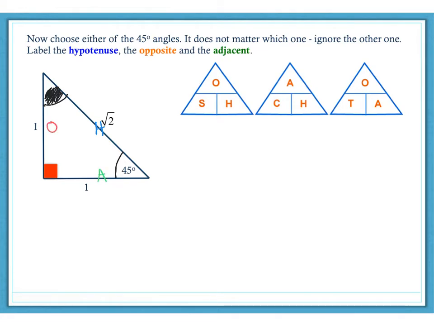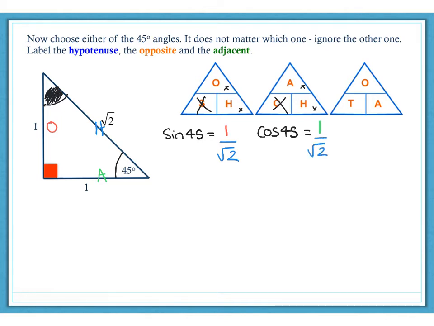So, starting with the sine first of all, the sine of 45 degrees is equal to the opposite divided by the hypotenuse, which is 1 over root 2. Cos of 45 degrees is equal to the adjacent divided by the hypotenuse, which is 1 over root 2.